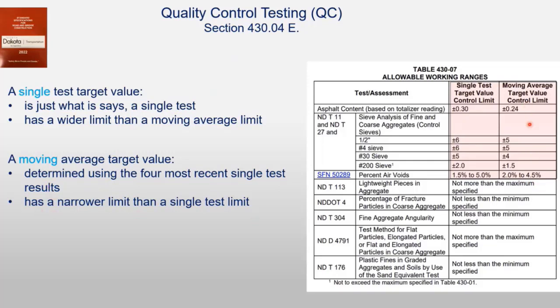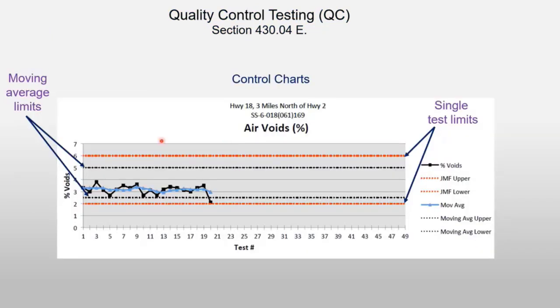And this is the one that we really want to watch out there, the moving average one. So here's just a typical one, as we had earlier, where the air voids kind of blew up a little bit. The red marks here are actually the single test limits, and they are wider, as you can see. Whereas the moving average, once the job gets going and you get a lot of tests, is the one you want to watch. And that has a narrower limit.